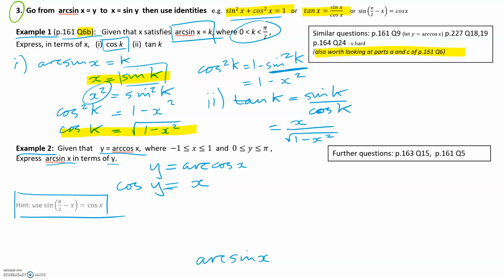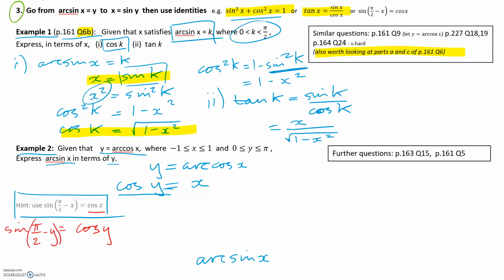If you know that cos y equals x, then if we do this over here, so if we just replace the x's with y's over here, cos y is the same as sine of pi over 2 minus y.